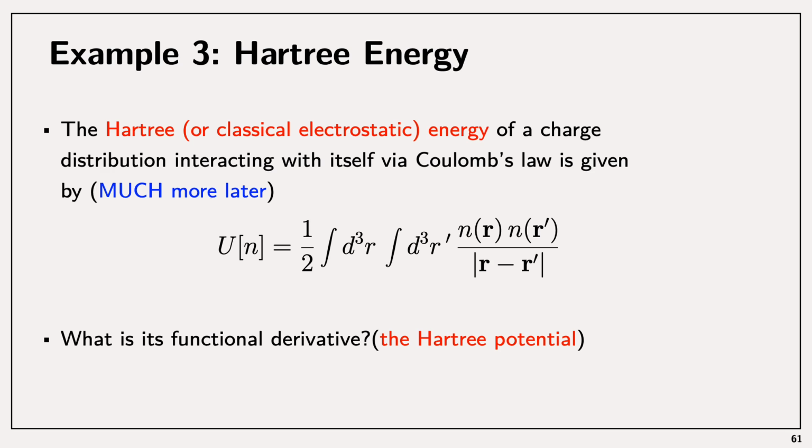Now, if you paid attention in your fundamental physics course, the derivative of the energy is a potential, right? This is what you saw not just in Coulombic interaction, but also in gravity, the gravitational potential. The potential is the derivative of the energy, and then you apply the rules that I gave you on the previous slide, and you will find that the Hartree potential is indeed given by this term.